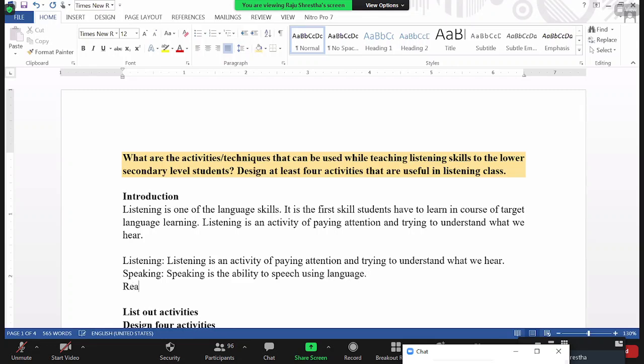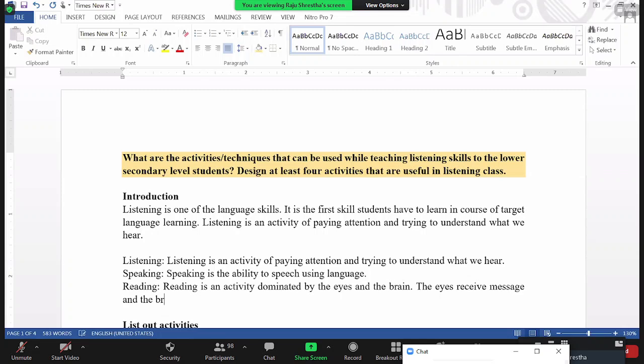Then reading is an activity dominated by the eyes and the brain, the eyes receive message and the brain filters its significance.